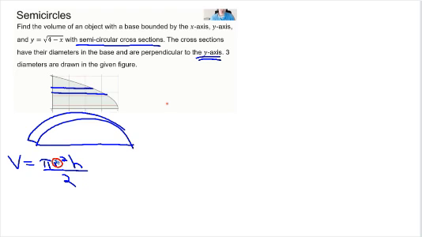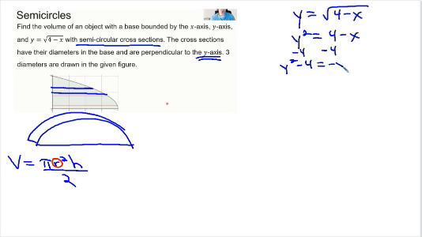All right? So the first thing is, let's take care of this function. It needs to be with respect to y, so I'll square both sides, and I have y squared equals 4 minus x. Subtract 4, y squared minus 4 equals negative x. So x winds up equaling 4 minus y squared.